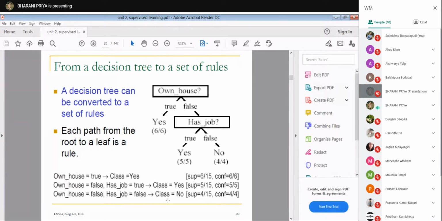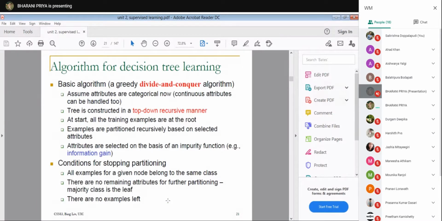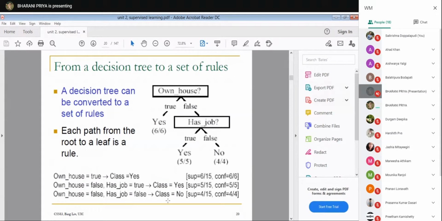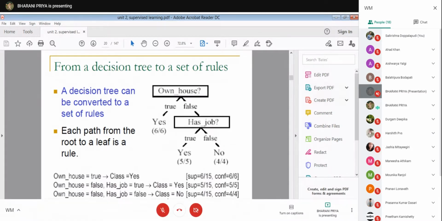When class is included, it is called class association rules. Right. You already have an idea about decision trees.